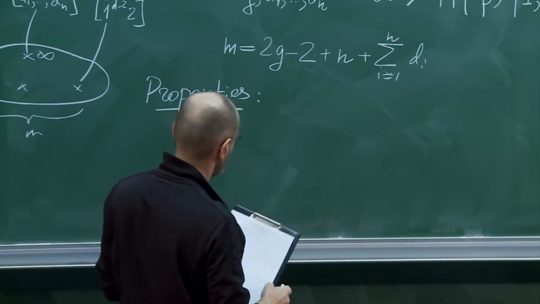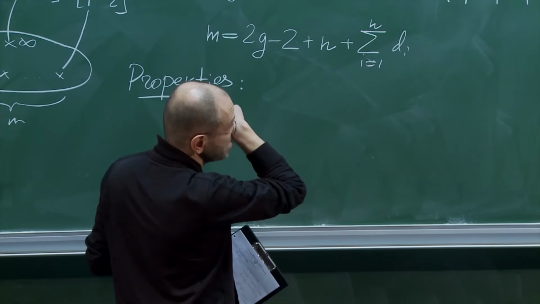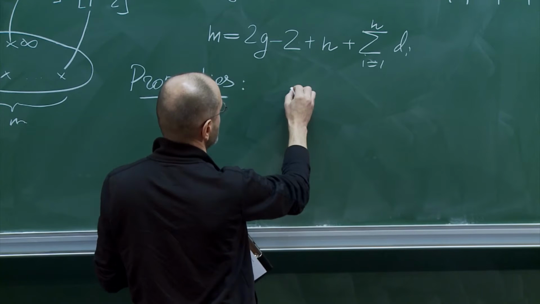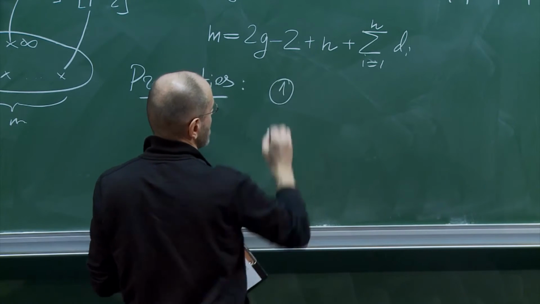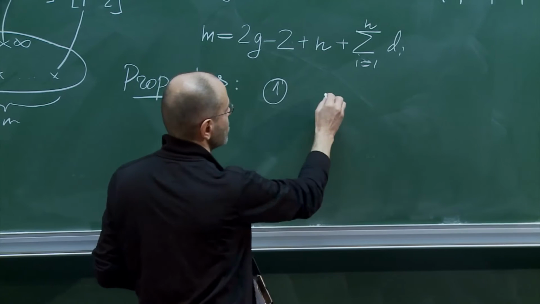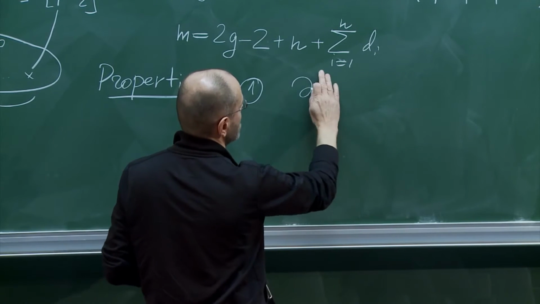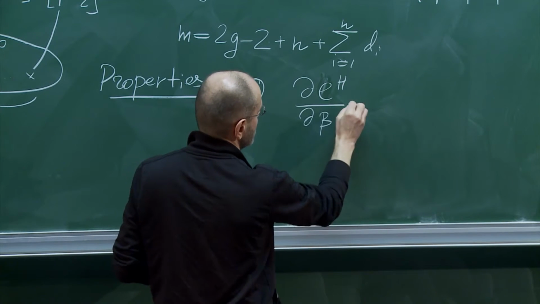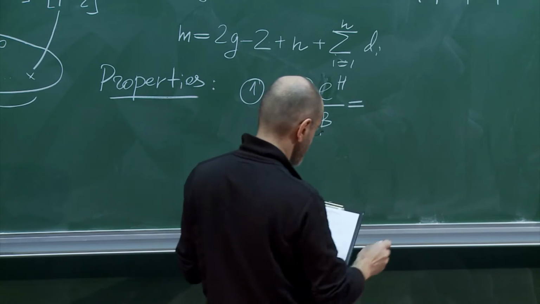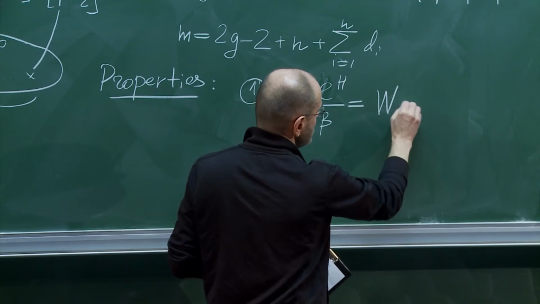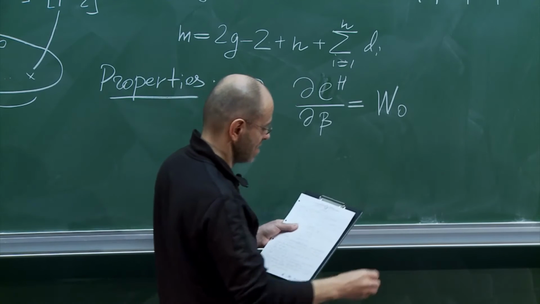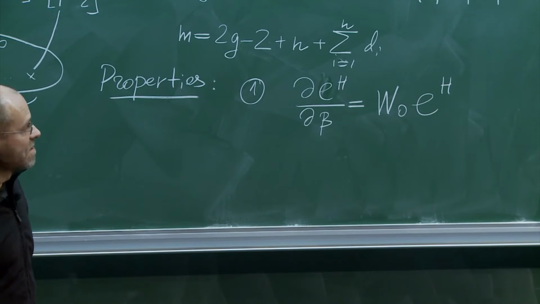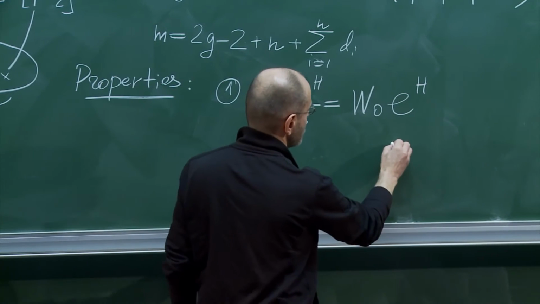The first property is that the exponential of h obeys an evolution equation of the following form. It's del e to the h over del beta is equal to w naught e to the h. This operator, w naught, is called the cut and join operator.